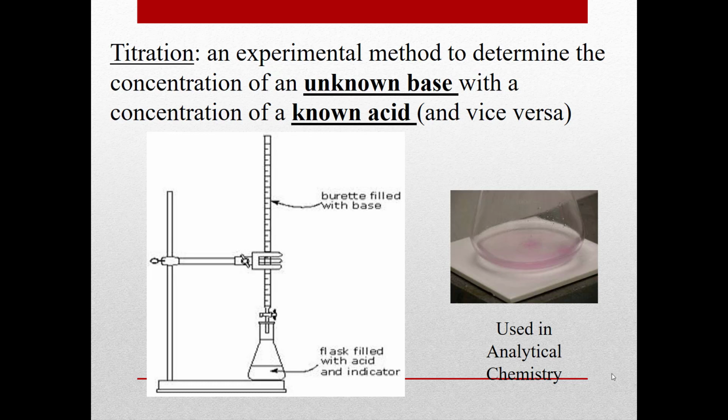Now that I know it's a base, I can titrate it with an acid and make a neutralization reaction. So an acid plus a base is a neutralization reaction, and I end up making liquid water. So titrations are used in analytical chemistry. It's a way to analyze some unknowns and get specific concentrations of what's there using something that you already know.